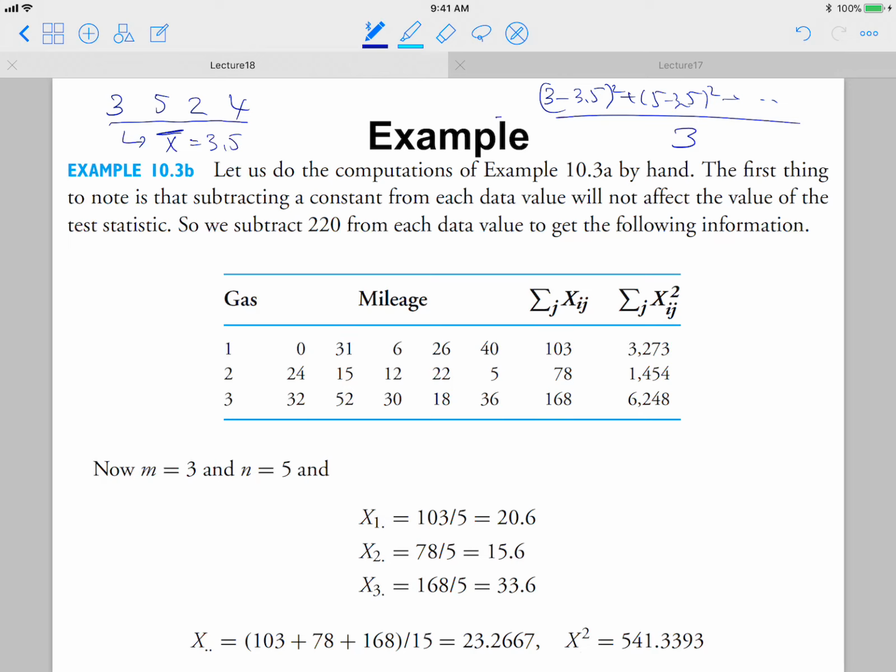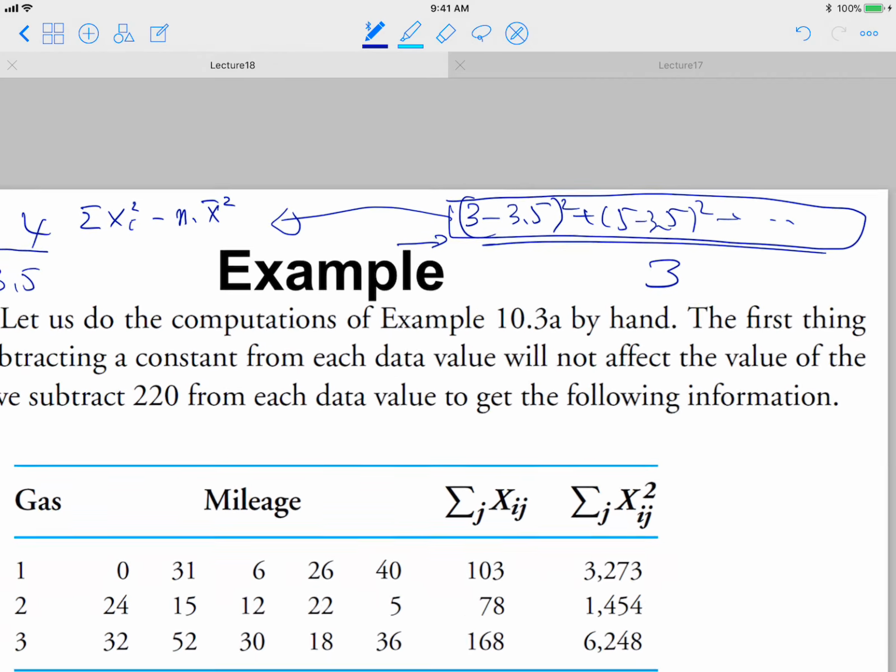But in this case, let's see. The numerator can also be represented in this manner. Sum of xi squared minus n times x bar squared, right?